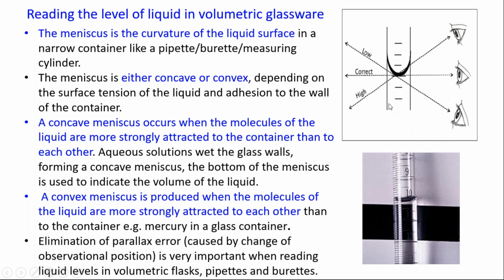So a concave meniscus will be seen when the molecules in the glass tube have a strong attraction to the glass or the container.